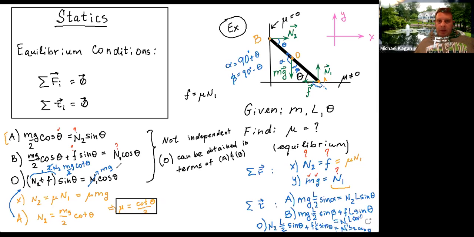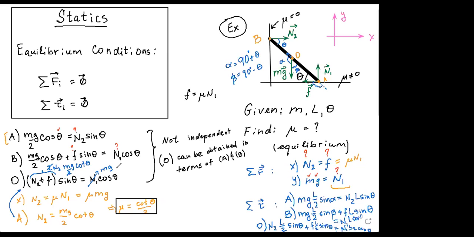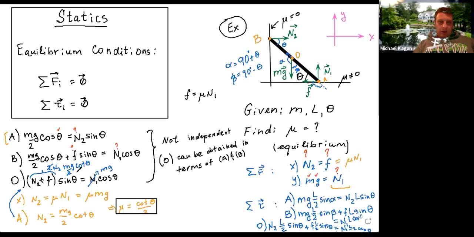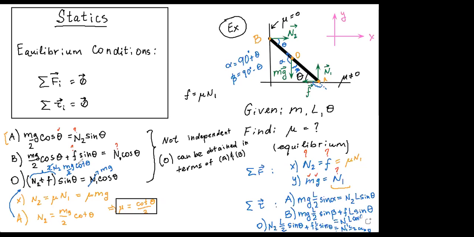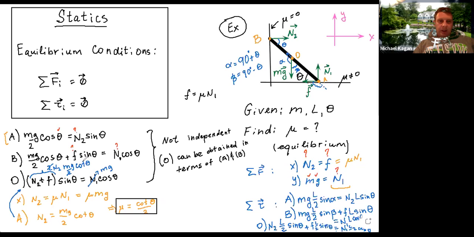Do you guys have any questions for me? Wait, you divided by sine theta on both sides? No, I just simplified. Cotangent times sine is cos.